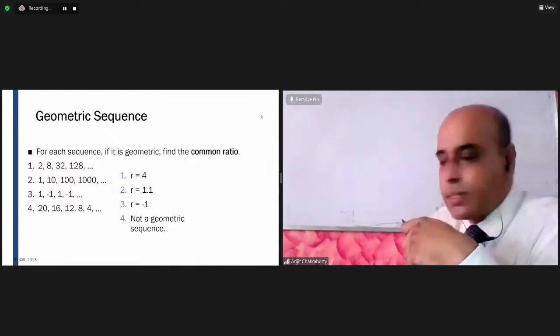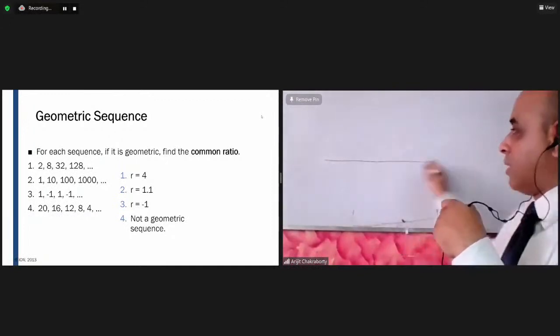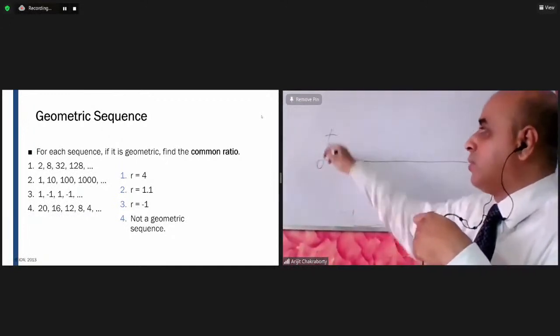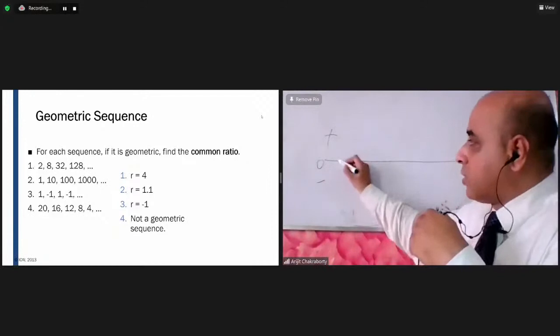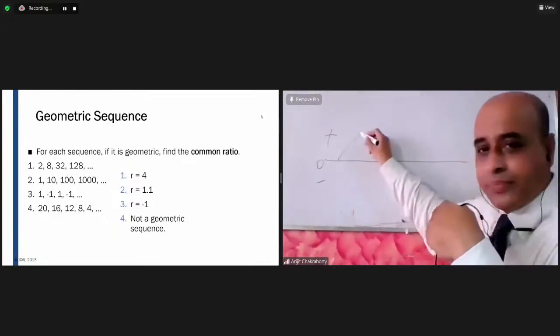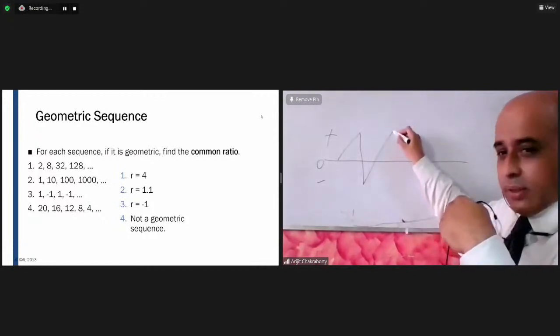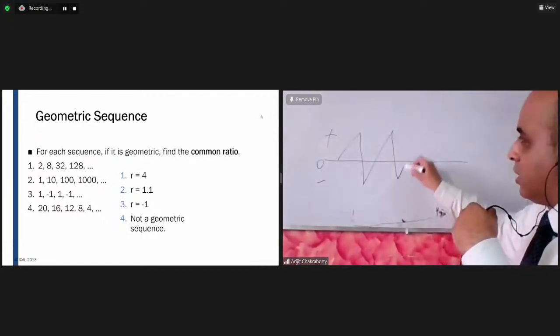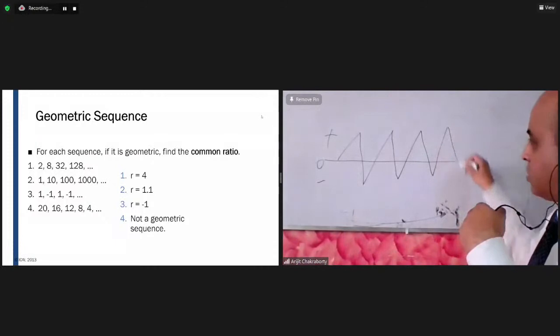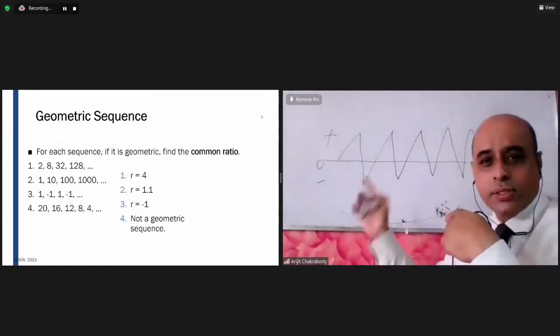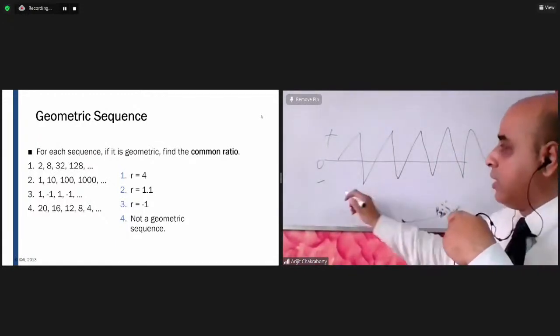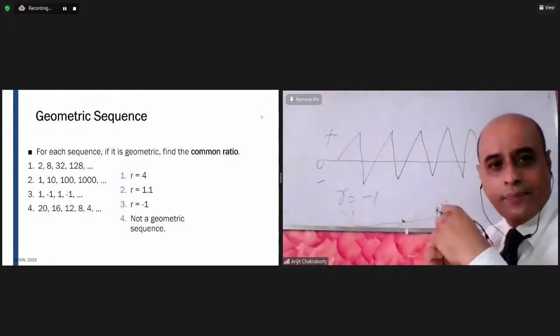What is happening? This is the number line, this is the positive side, this is the negative side. First value is 1, second value comes to -1, again third value is 1, fourth value comes to -1, again 1, -1. So it goes like this. This is the graphical representation when r is equal to -1.